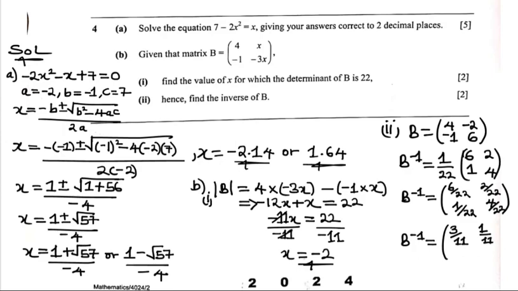Then 1 over 22 is simply 1 over 22. Then on 4 over 22, 2 can go into 4 and 22, so that is 2 over 11. So this here is the matrix B inverse.